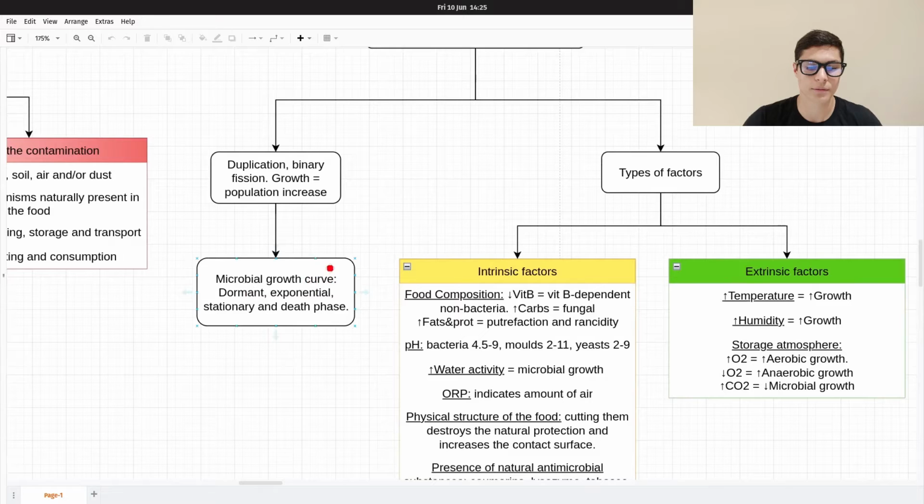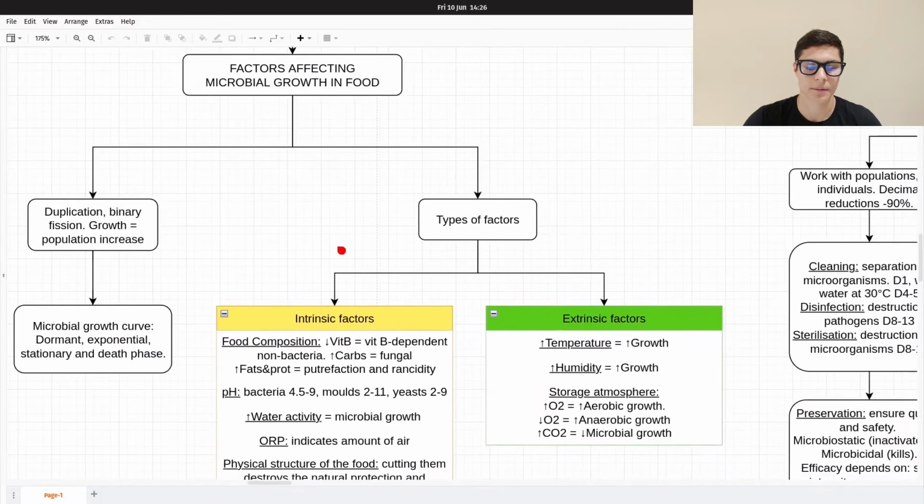Microbial growth curve, this is like, if we put it on a graph, the curve of growth will be dormant, then exponential will rise, stationary will stay, and then death, and will start to fall down as the population starts to die.